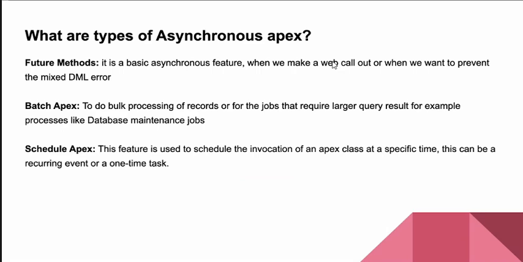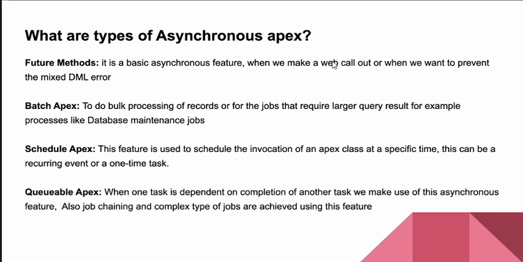We can just schedule the apex classes with this. And then queueable is one after the other, as the name suggests. So one task is dependent on the completion of another. So yeah, that's good. So I'll go for the next question now.